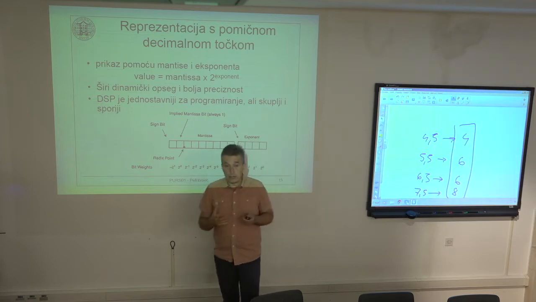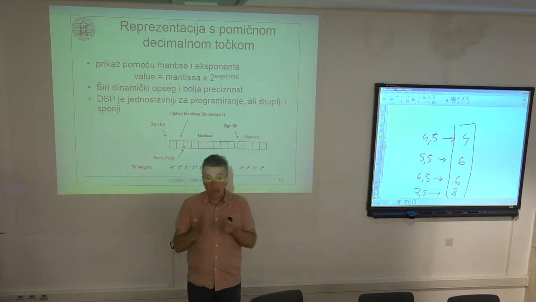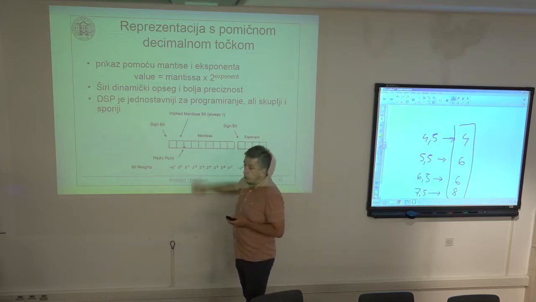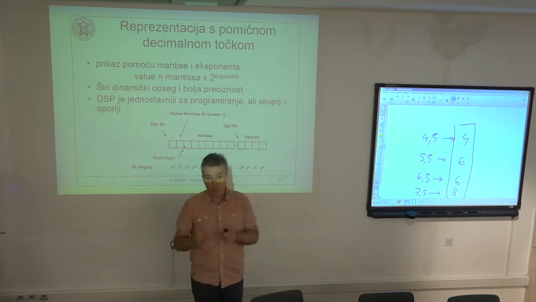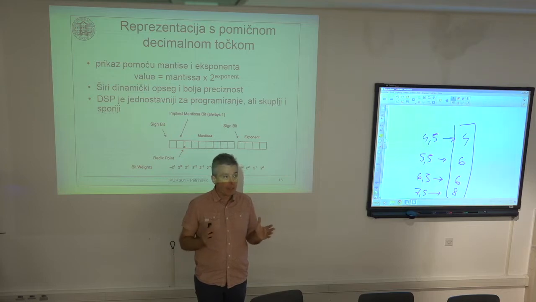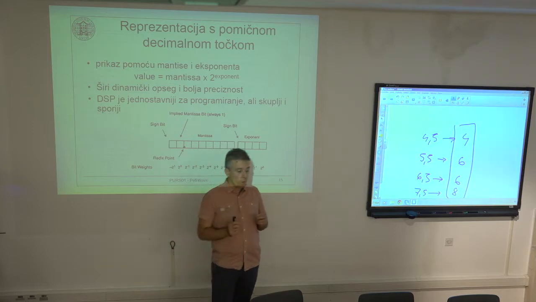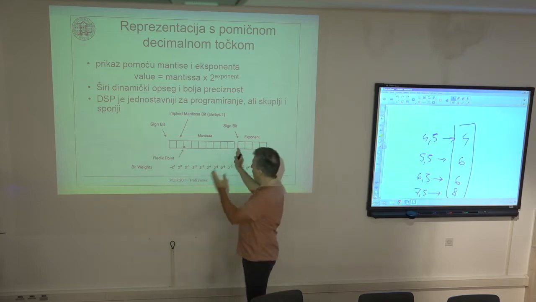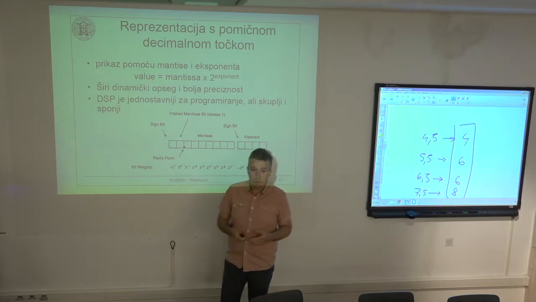While the accuracy, how many accurate decimal or binary digits I have in the representation, is determined by the width of the mantissa. If I have a wider mantissa, then I have higher accuracy of the number representation. If the mantissa is of limited width, then this accuracy is lower.